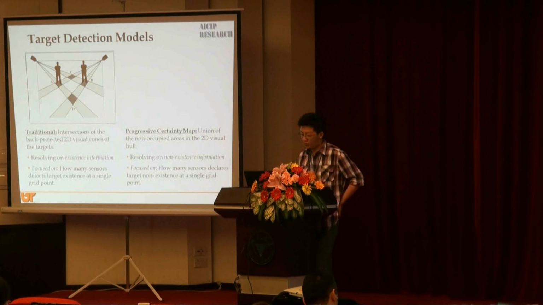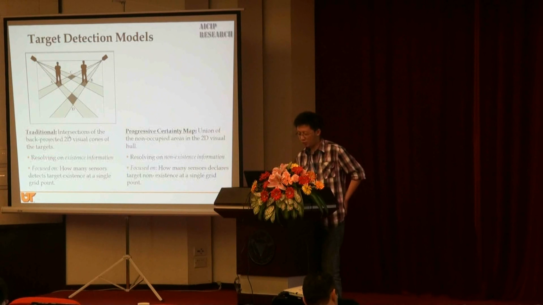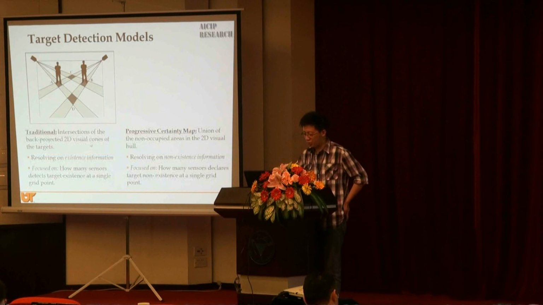As we can see from this picture, we want to detect the targets A and B, and the traditional detection model is the intersections of the back projected 2D visual cones of targets. The model relies on existence information and focuses on how many sensors detect target existence at a single grid point.